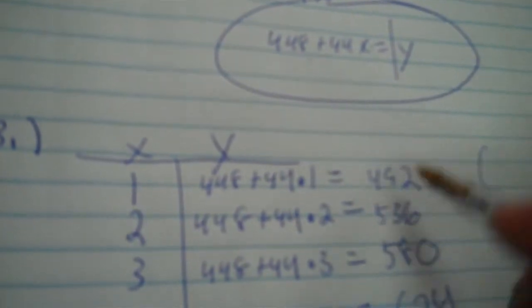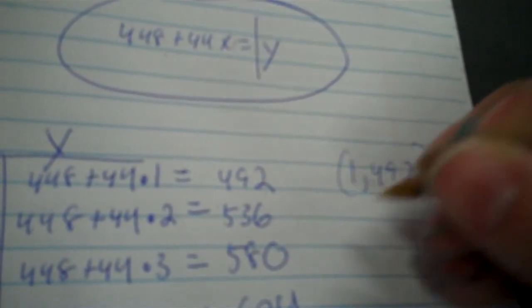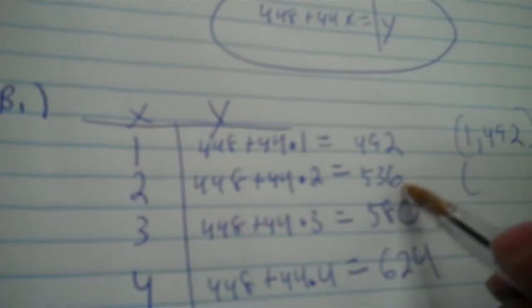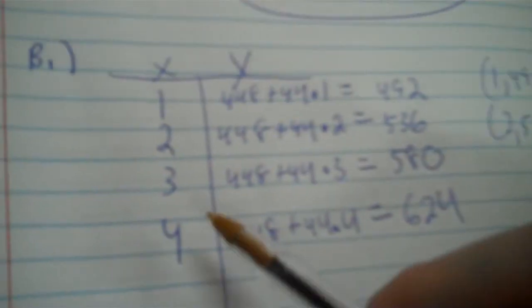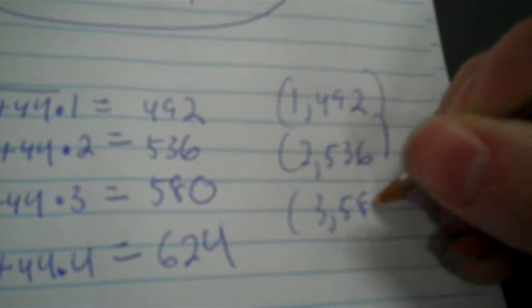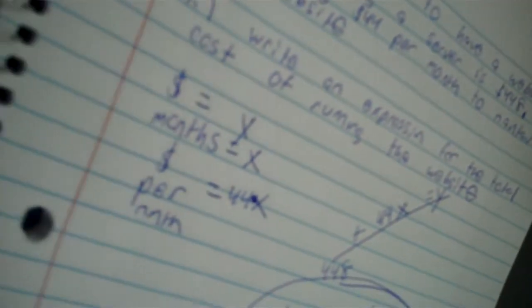So on part B on that problem, what you type up is 1, 492. All the rest of that you don't need. Then 2, 536. Then 3, 580. Then 4, 624. Okay, and that's it. So let's review.